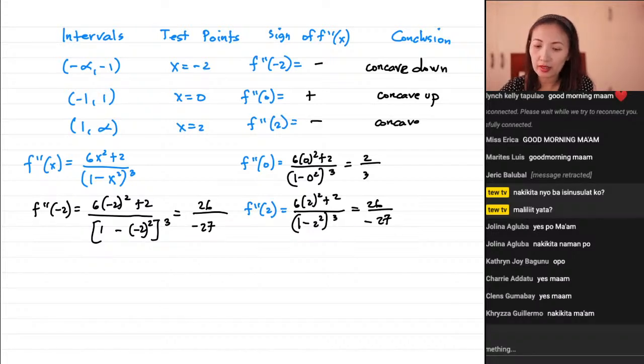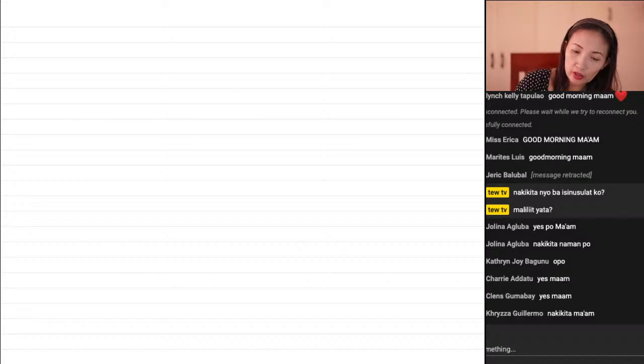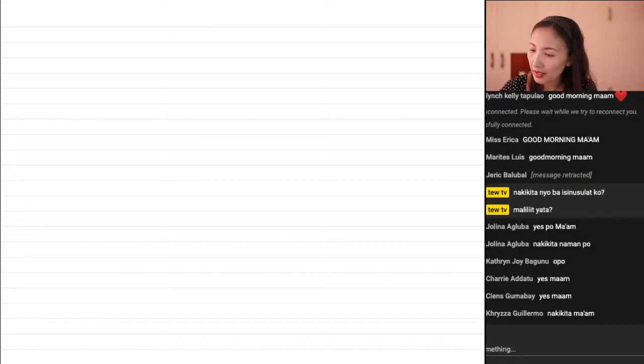Now, combining all the information, we will now draw the graph. f changes concavity at x equal to negative 1 and positive 1.